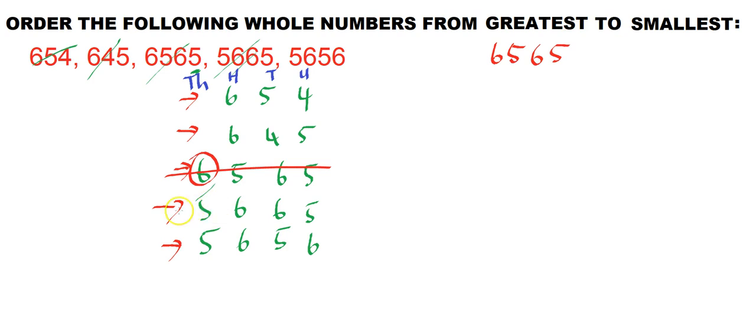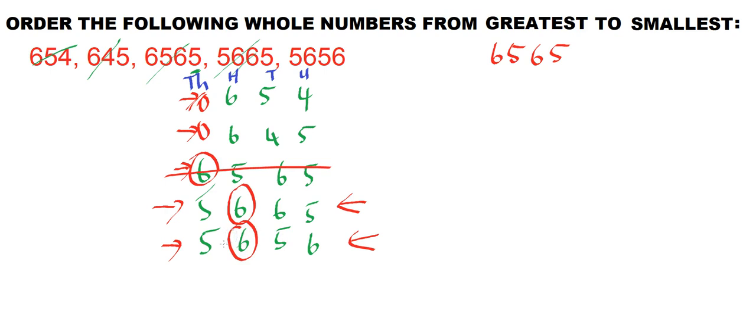So we're now left with 654, 645, and then these last two numbers here. Again, these are still in the zeros, but here we have a 5 and a 5, so it's a battle, really. We have to compare this number and this number. So 5 and 5, the next place value over, which is the hundreds, we've got a 6 and a 6, so that still doesn't help.